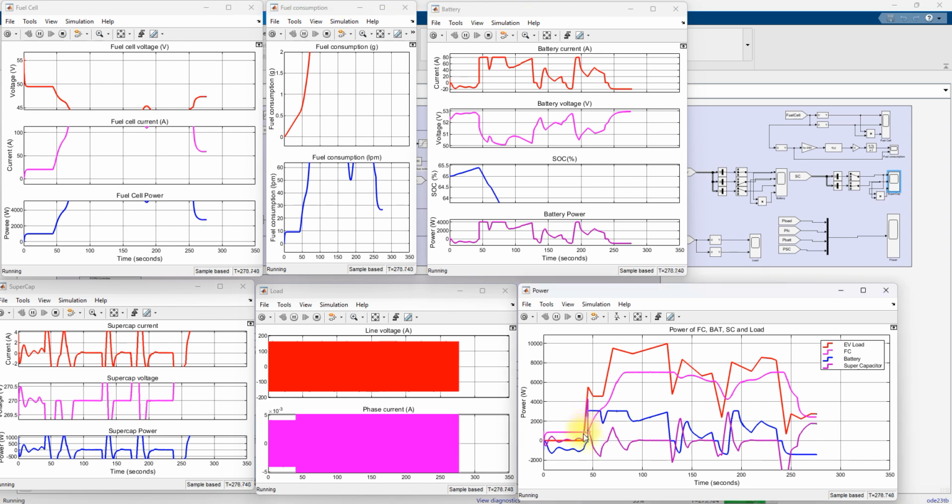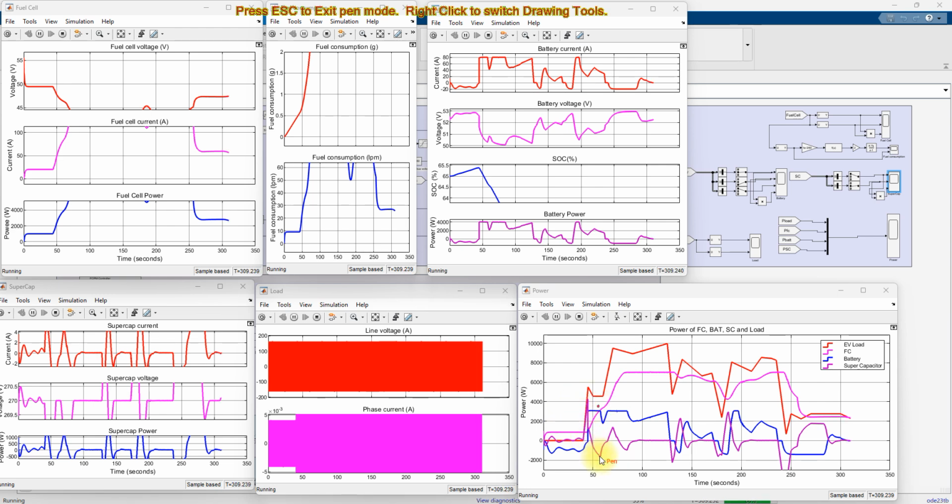Because of that, the supercapacitor is discharging for this period, and after that it comes to charging mode. So the supercapacitor goes for charging and discharging according to the changes in the power balance.